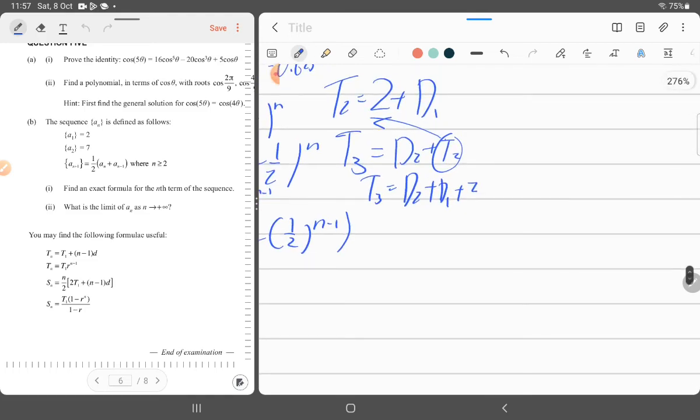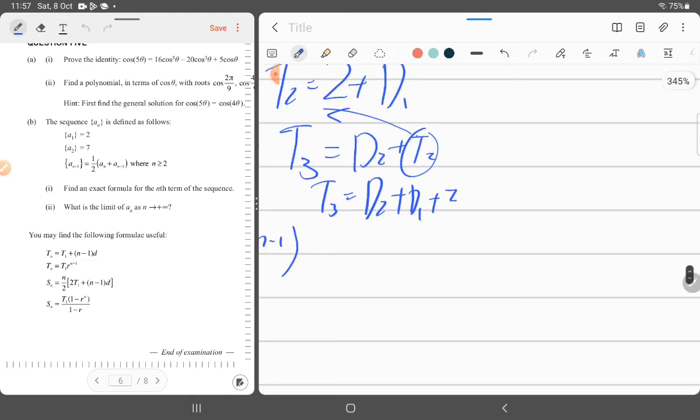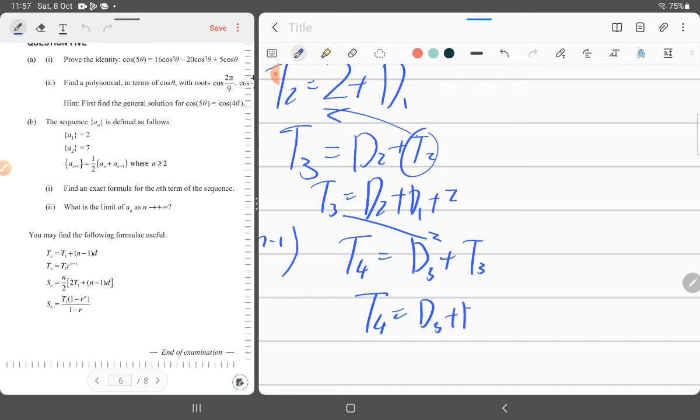And then for example, term 4 is equal to difference in the third plus difference in the second plus difference in the first plus 2, which is the first term.